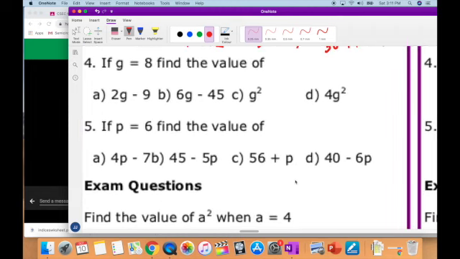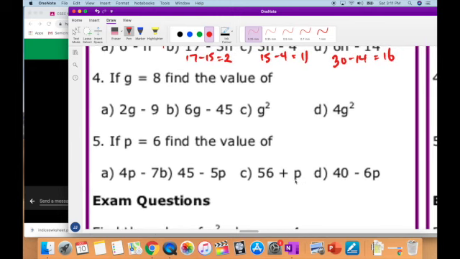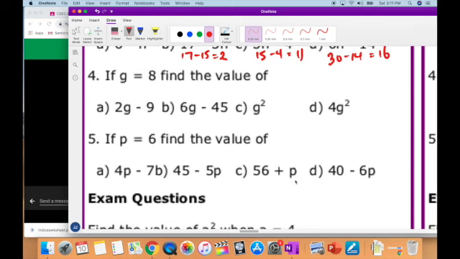Shazay, see if you could give me number 4 and number 5. Okay. So 8 in brackets 9. 16 minus 9 is? 7.